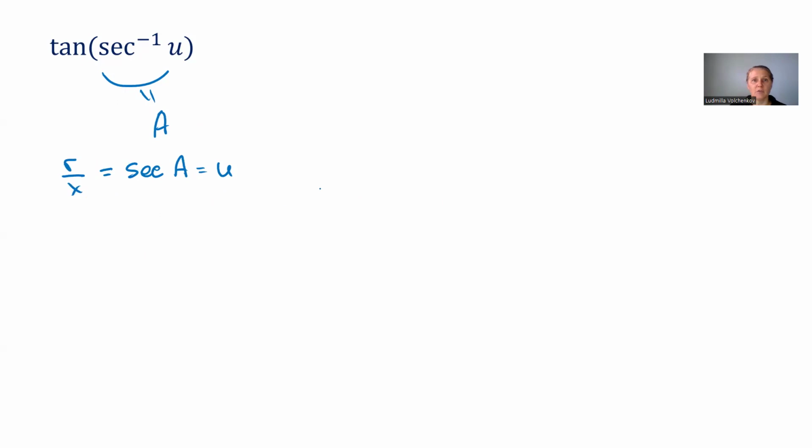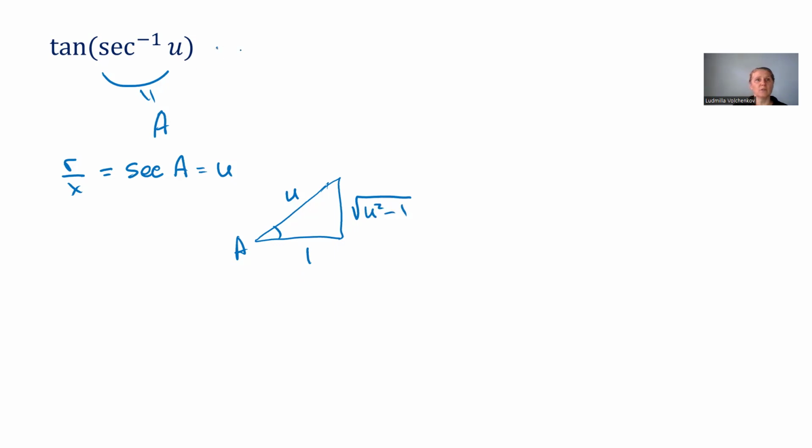Let us make a sketch for this angle. It must have r over x equal u. So let us take r equal u and x equal 1. Then y will be the square root of hypotenuse squared minus x squared, so square root of u squared minus 1.